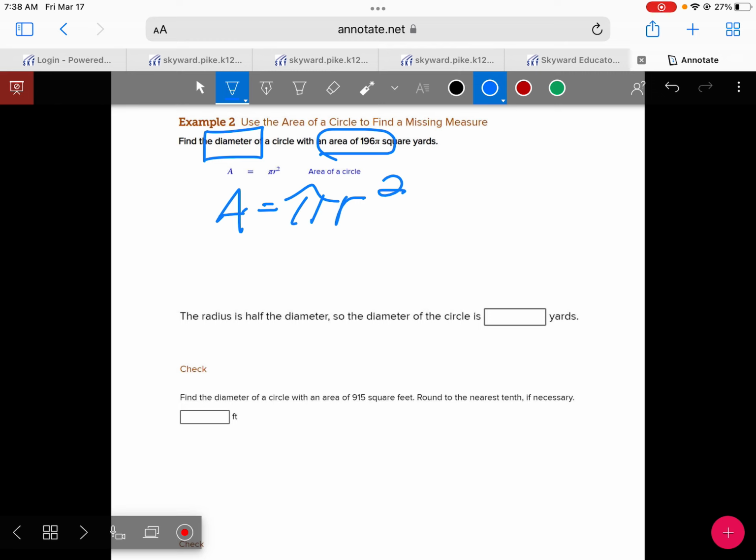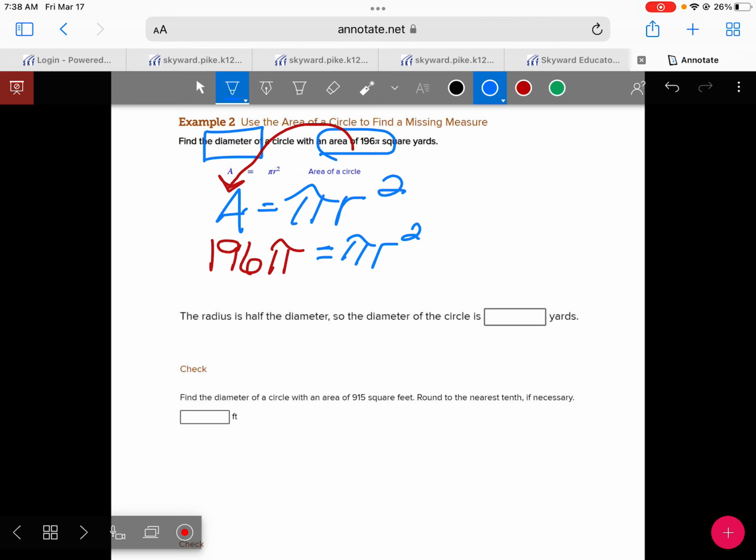Okay. They tell me the area. So put this number of 196 pi in place of A for area. Did everybody hear me? So many people are trying to put it to the right. You have to put it in place of A for area. Equals, the rest of it, leave as is.